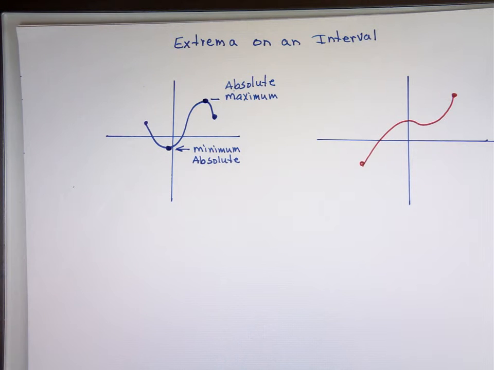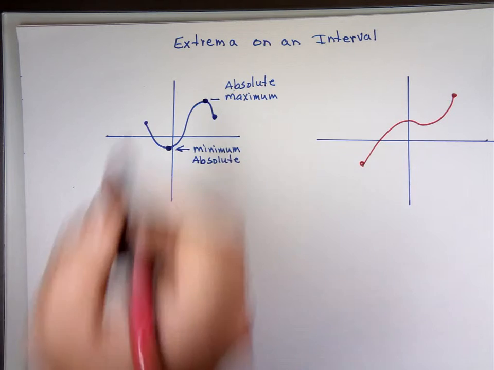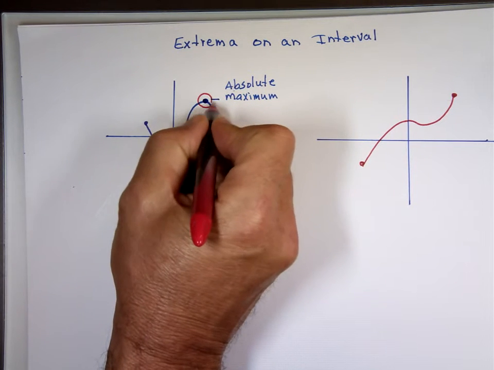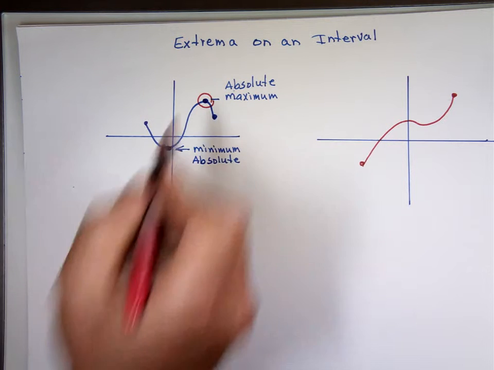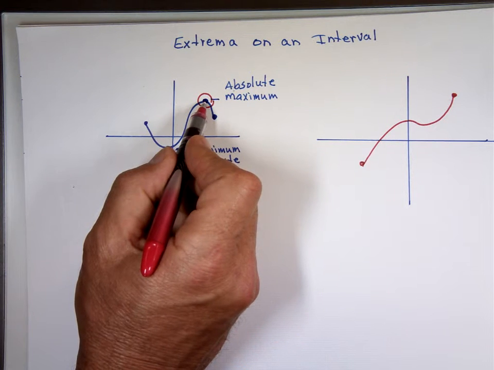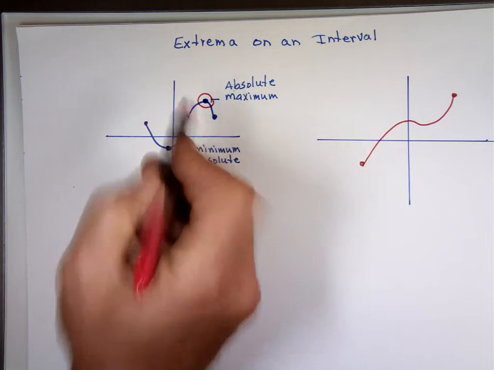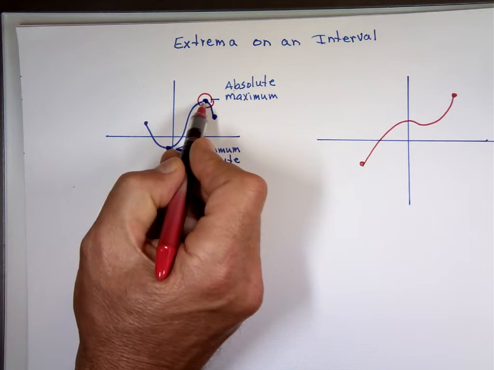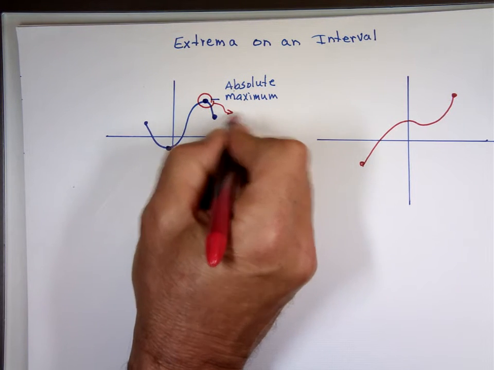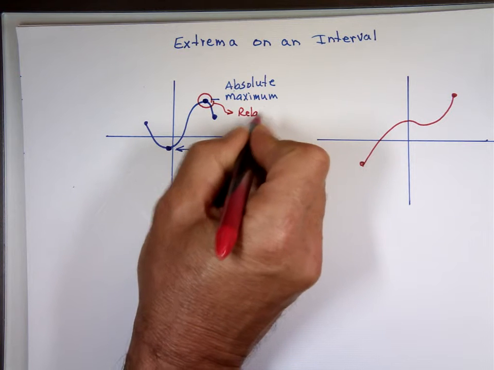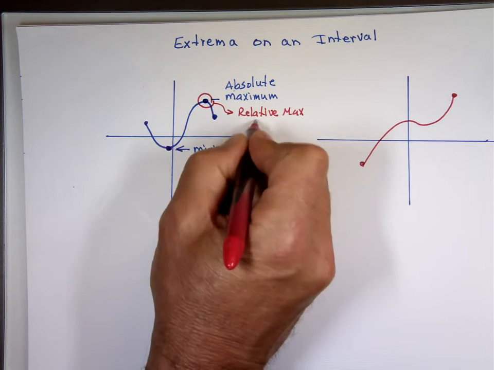While I'm at it, in this neighborhood, the surrounding neighborhood, what is that point? Isn't it still the largest y value? So that's the biggest value of the whole graph. In addition, in this neighborhood, that's the largest y value. So in the neighborhood, that's called relative max, or sometimes we use local max.